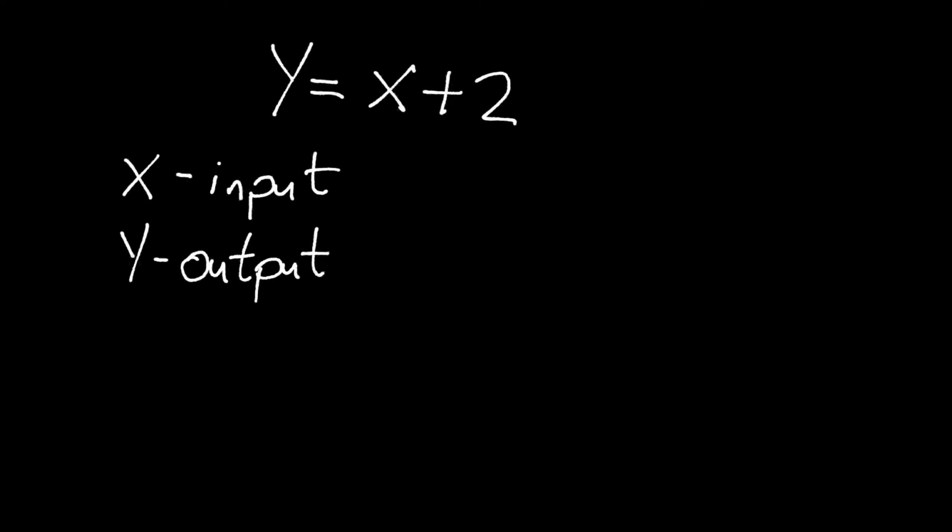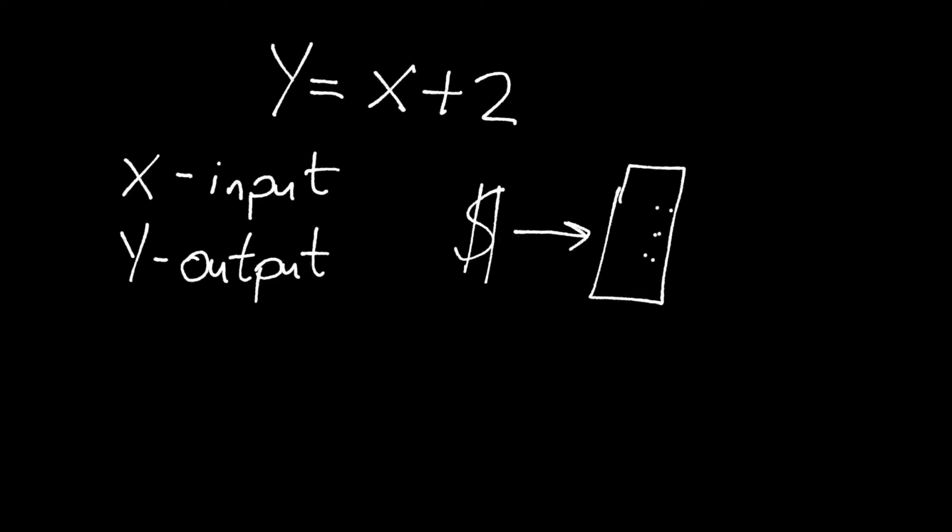Think about what happens when you use a vending machine. You have some money, you put it into a machine, you push some buttons, telling it what to do with that money, and it outputs your item. It could be a candy bar, or a piece of gum, or chips, or anything like that.